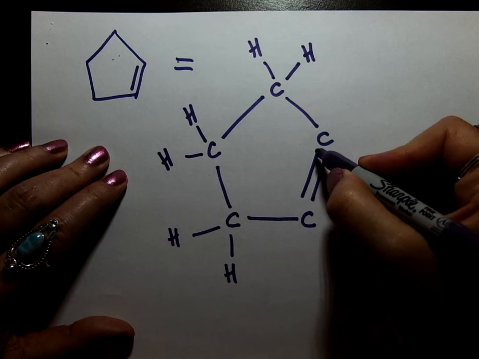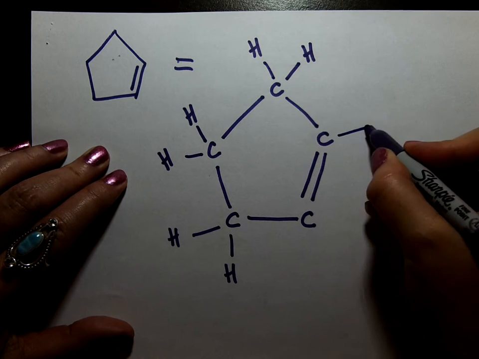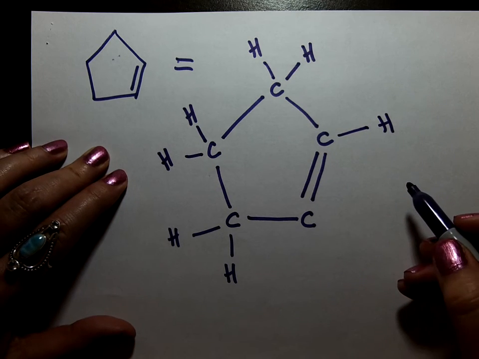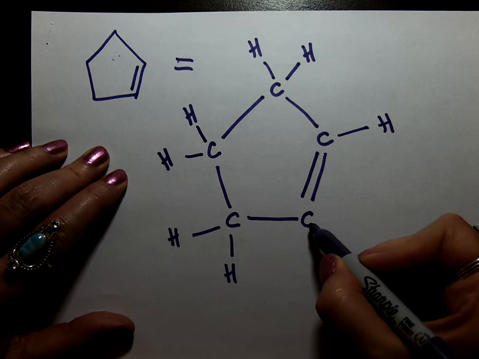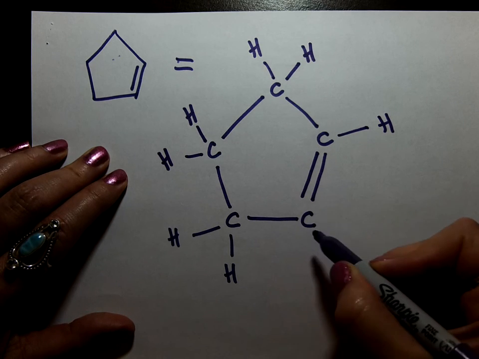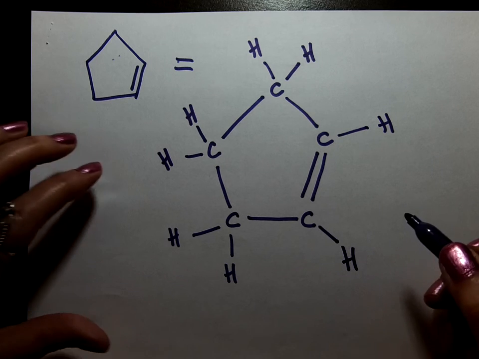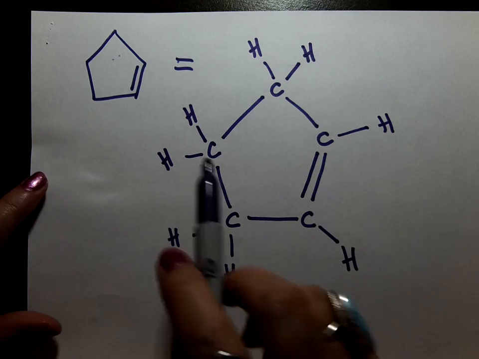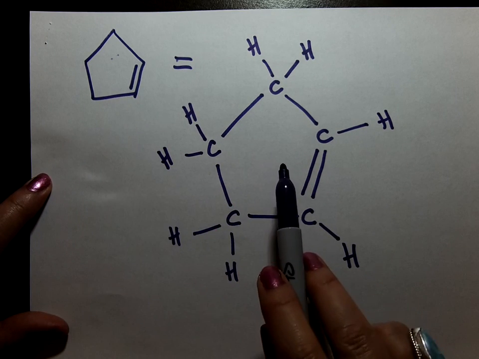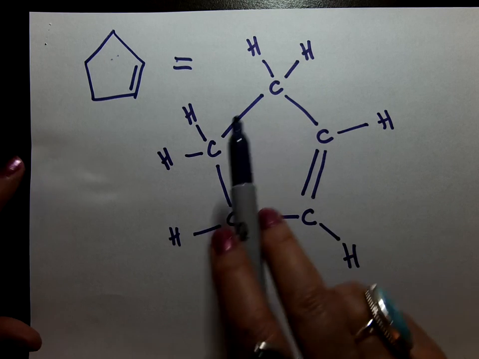This carbon atom has 1, 2, 3 bonds already, so it only needs 1 to a hydrogen atom. And this last carbon has 1, 2, 3 bonds, so it only needs 1 to a hydrogen atom. So this carbon line drawing really means this molecule.